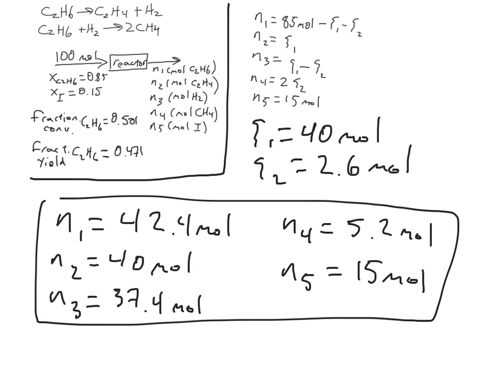Three reactions, three extents, etc. And you just have to set up these equations appropriately and then use the information that's given to you in the problem statement, whether it be fractional conversion, fractional yield, selectivity, or whatnot, to find out what the extents are, and then plug these back into the original equations to get all of the different species coming out of our reactor. And there you have it.